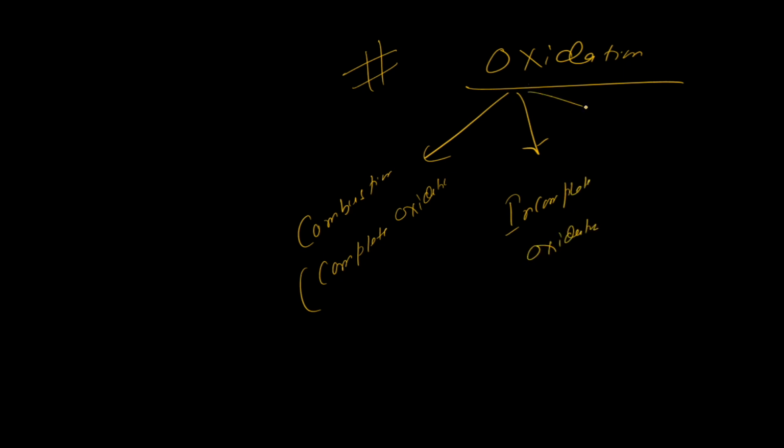And the next one is the catalytic oxidation, which takes place in presence of a catalyst. So these 3 types of oxidation we have. Now we'll discuss them one by one.